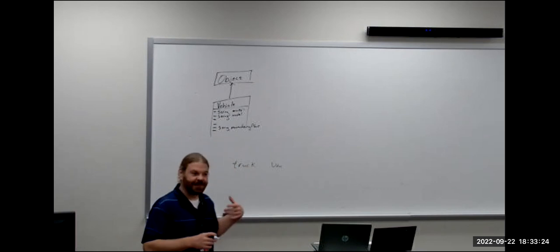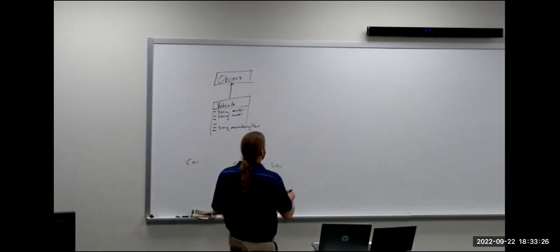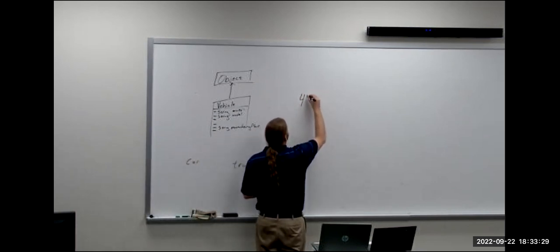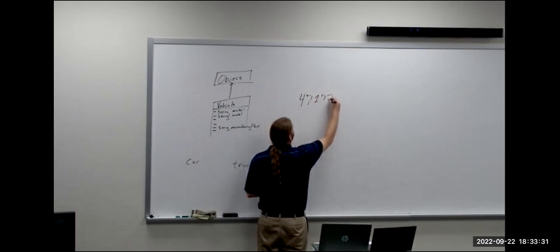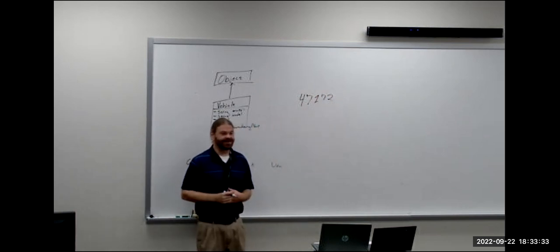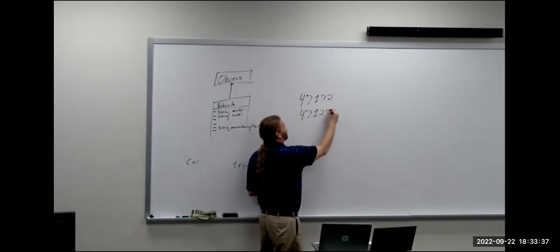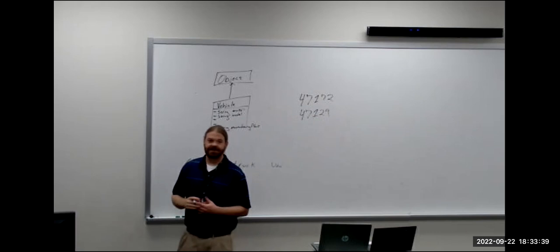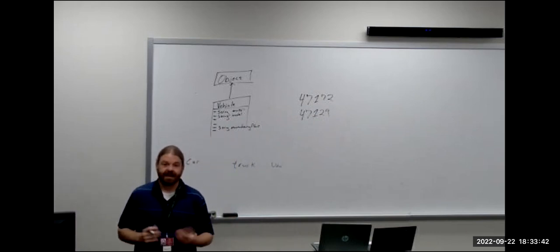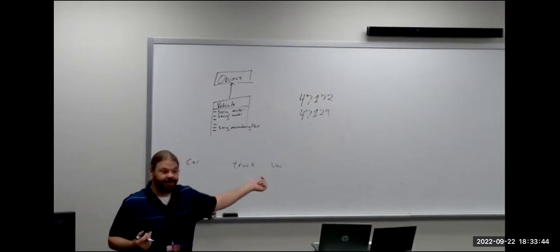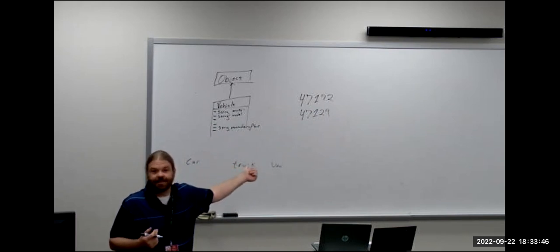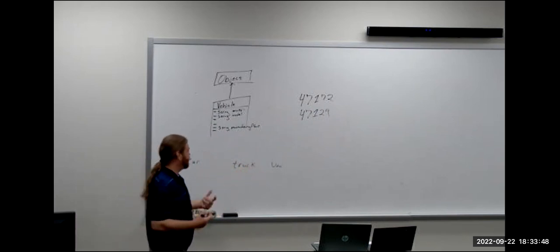Take the Jeffersonville zip code 47172 and add it to the Clarksville zip code 47129. A couple towns here locally for those who live elsewhere in the state. If we add or subtract or multiply or do anything with those numbers, it doesn't mean anything. So zip codes would be a string.